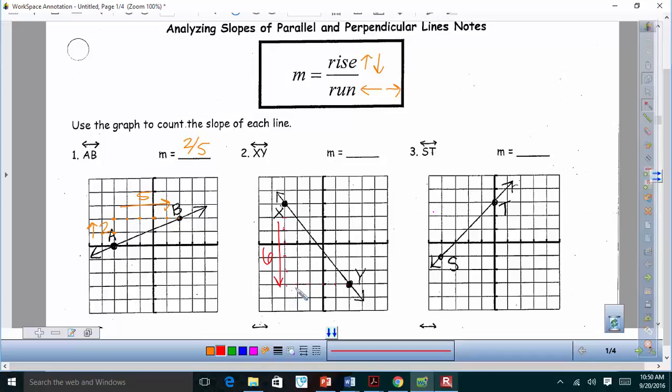Can you go the other way and go up? Yes. When we go down 6, it makes the negative 6 over 5. Had you started at Y and gone up 6 and left 5, the 5 would be negative, so you would still end up with the same answer. So this would be negative 6 over 5. I always start with my left point and move to my right point.